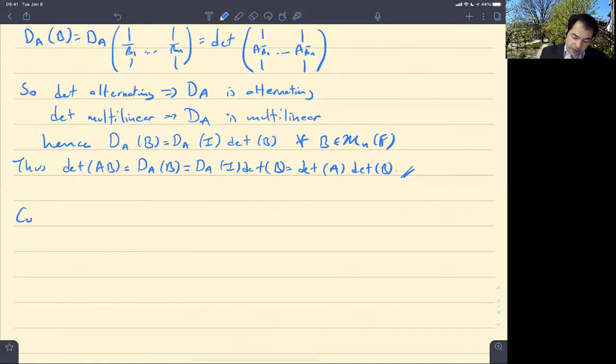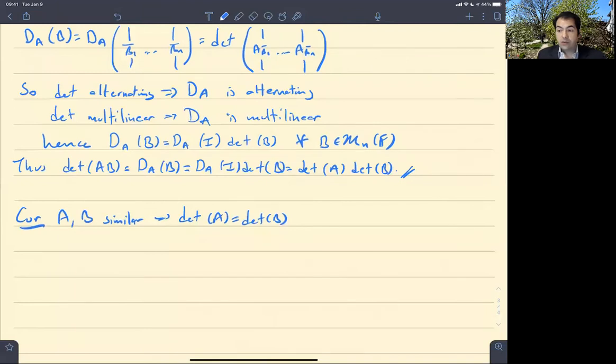Okay, another corollary of existence and uniqueness. Actually, before the similarity statement, let's do invertibility.